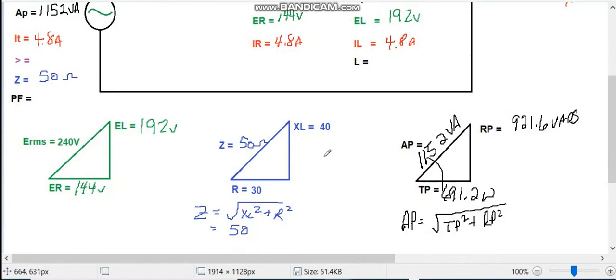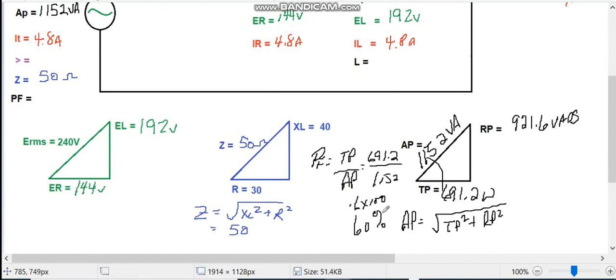So remember, our power factor is equal to my true power over the apparent power. So 691.2 over 1152. I get 0.6 times 100. So I get 60% power factor.